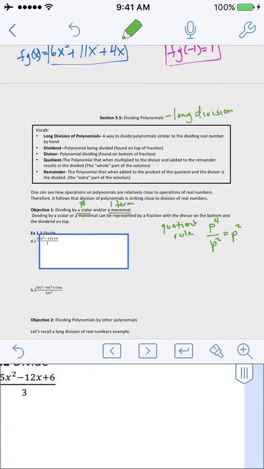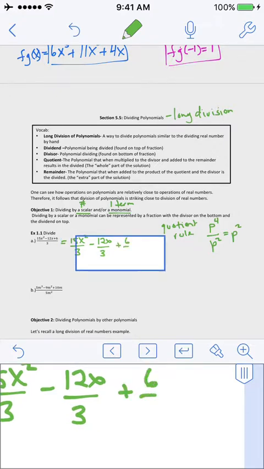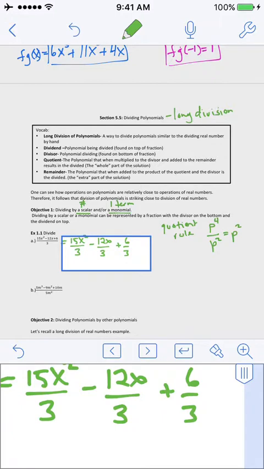Let's rewrite this as 15x squared divided by 3, minus 12x divided by 3, plus 6 divided by 3. And you're more than welcome to call this plus negative 12x, if you want to put the negative on the 12, or if you want to just keep it as the part in between the terms, either one's fine. You'll end up with the same result.